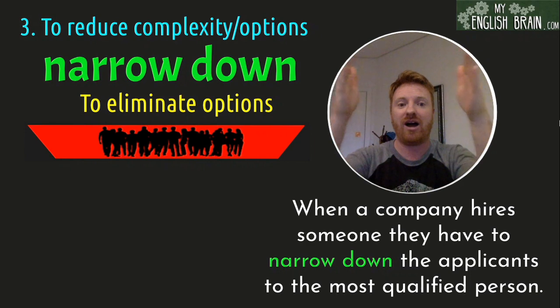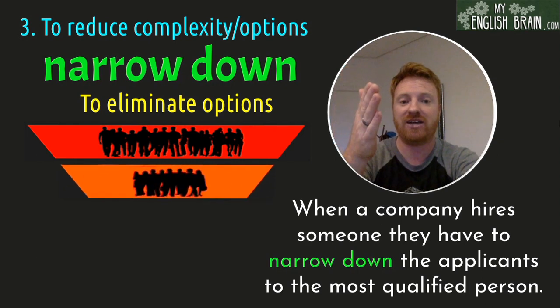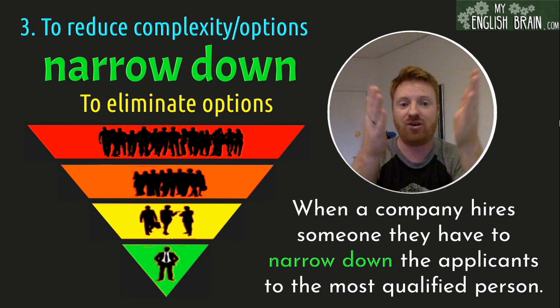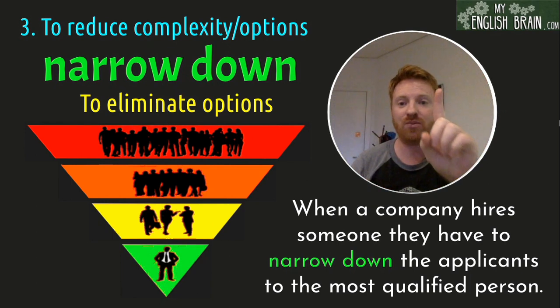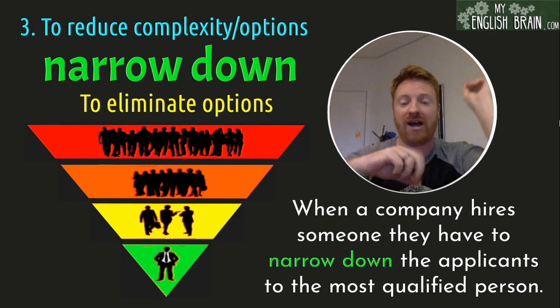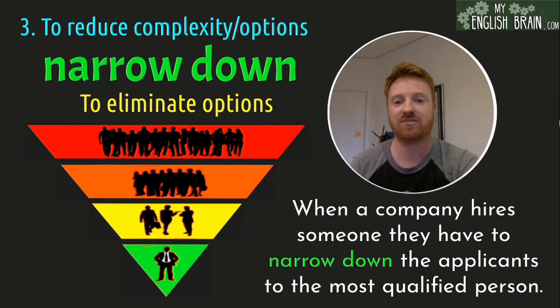They have a wide variety of people that they can hire for the job. But they need to slowly eliminate options until they narrow down to the one person who is best for the job. So the idea of narrow down is to eliminate the bad options to find the single best option.